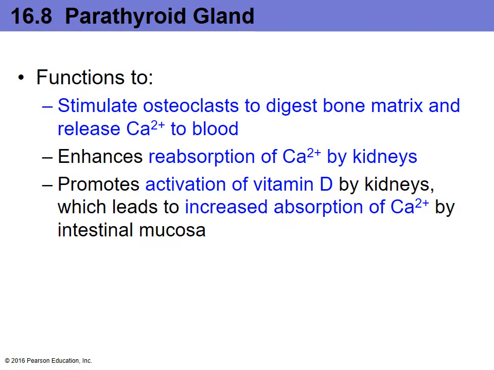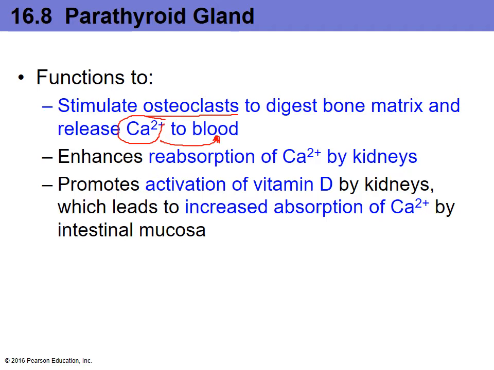Okay, so right over here it says the parathyroid hormone will go ahead and stimulate osteoclasts. Remember, it's doing the opposite of calcitonin, right? So it's going to stimulate osteoclasts. Osteoclast activity means that you're going to start breaking down the bone, and as you break down the bone it's going to start releasing calcium, and that calcium is going to go into the bloodstream, because our main goal, like I said to you before, is to increase calcium levels in the blood.